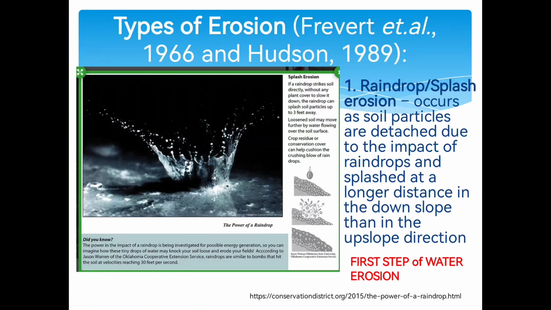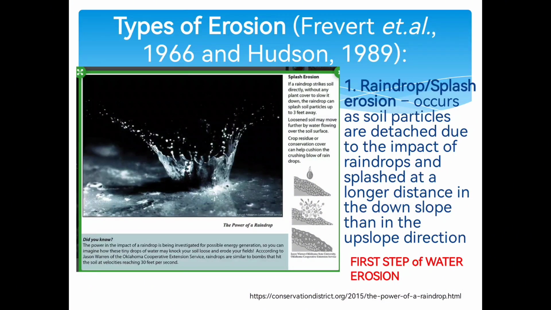So if a raindrop strikes the soil, once na yung ulan ay nag-impact doon sa soil directly, without any plant cover to slow it down, the raindrop can splash soil particles up to 3 feet away. That's why it's very important na merong mga tanim na nakatanim sa lupa kasi the impact of rain will not be directly to the soil.